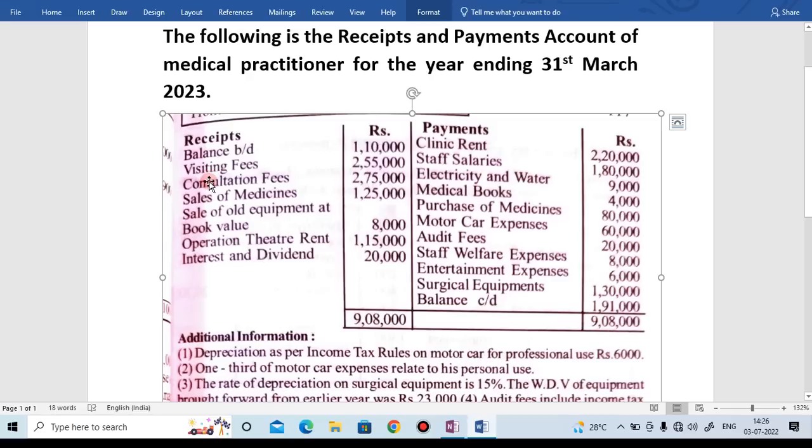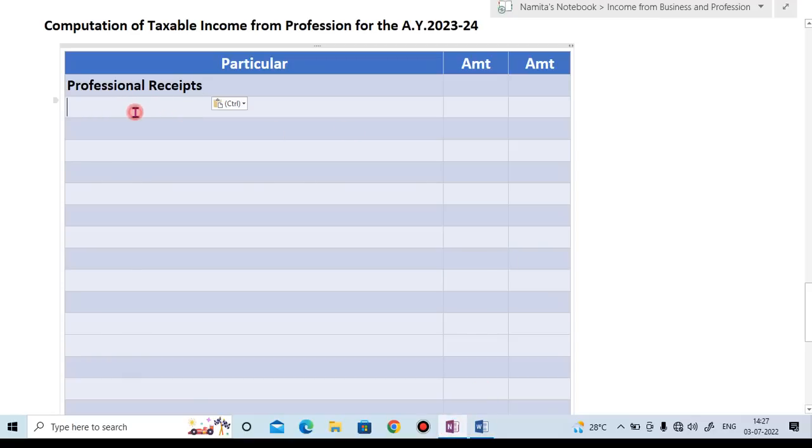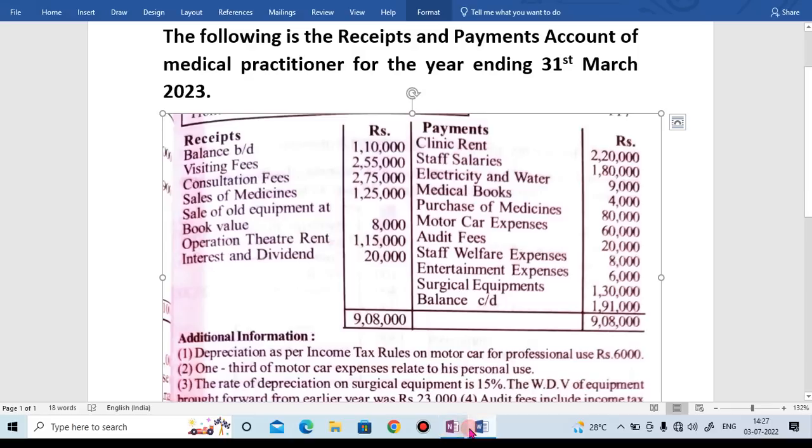So this visiting fees is related to medical. So we will take the first professional receipt, visiting fees, amount 2,55,000.